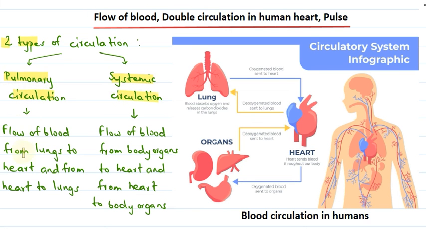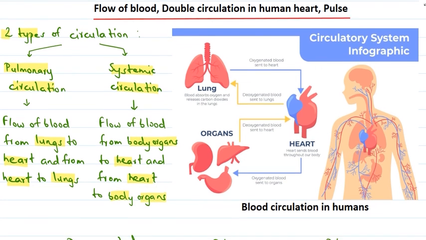So pulmonary circulation is the flow of blood that takes place from lungs to the heart and again from the heart to the lungs. Whereas systemic circulation is the flow of the blood which takes place from different body organs to the heart and again from heart to different body organs.